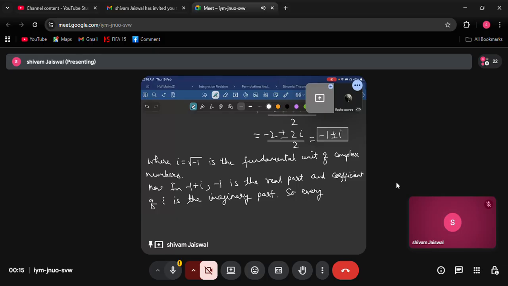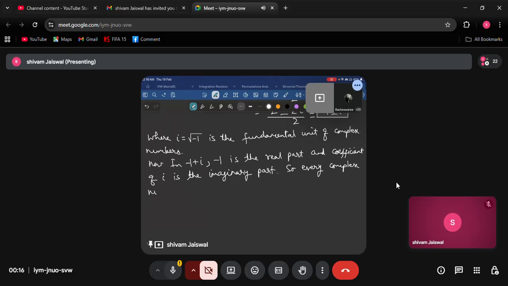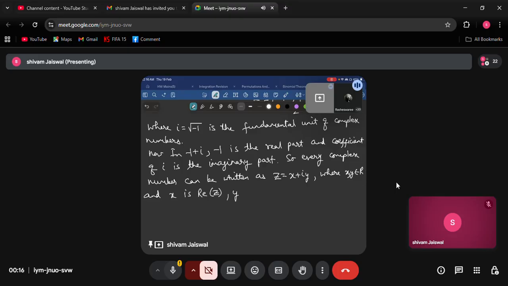Every complex number can be written as z is equal to x plus iota y, where x, y belong to real, and x is the real part of z and y is the imaginary part of z.